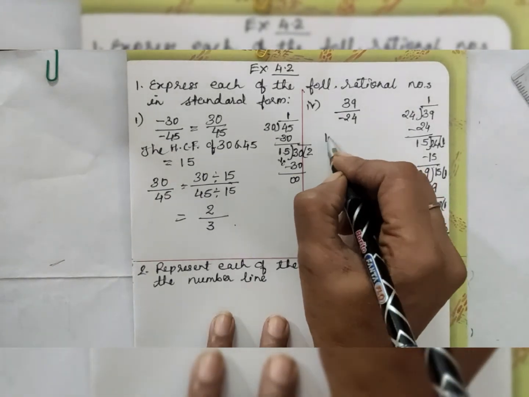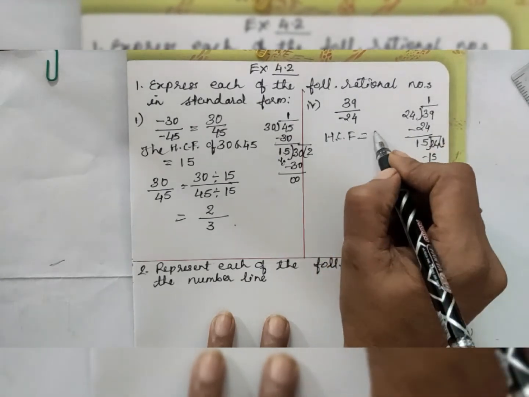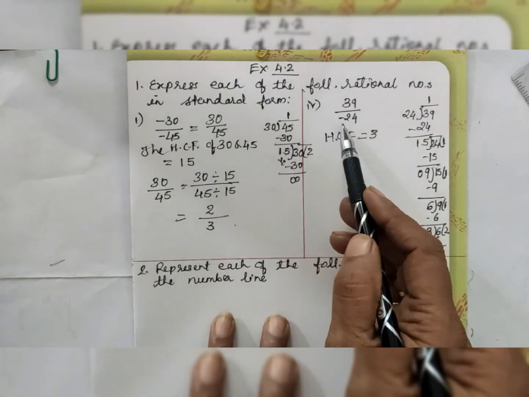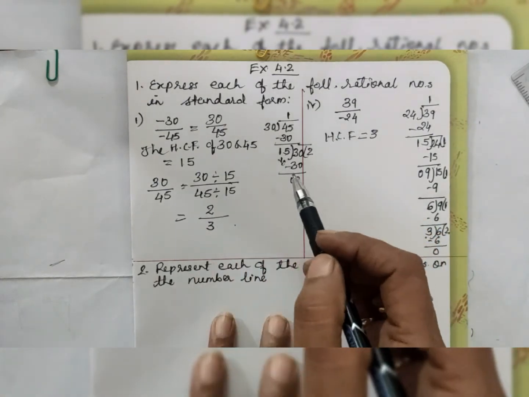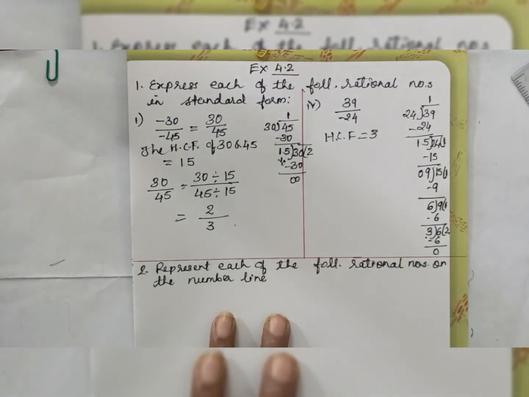So we write the HCF is 3. Now children, you can see here the denominator is negative. If there is a negative sign in the denominator, we make the denominator positive by multiplying the numerator and denominator by the minus sign.